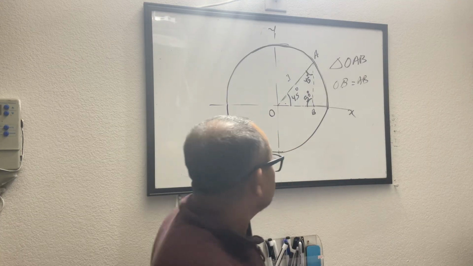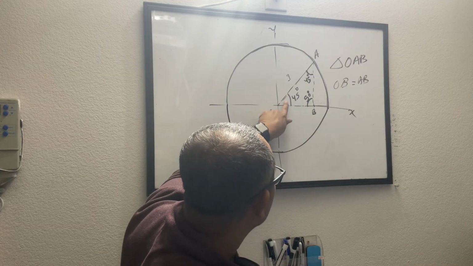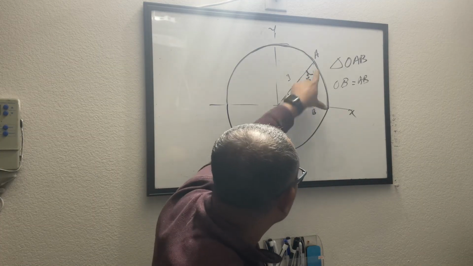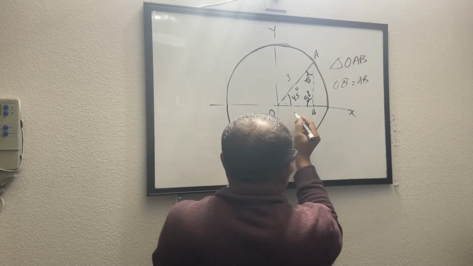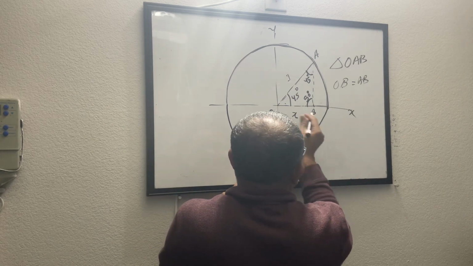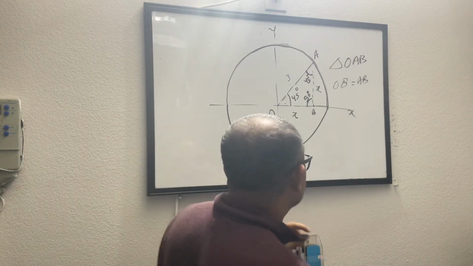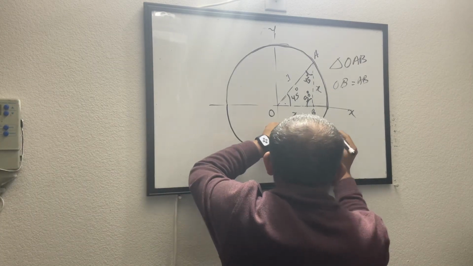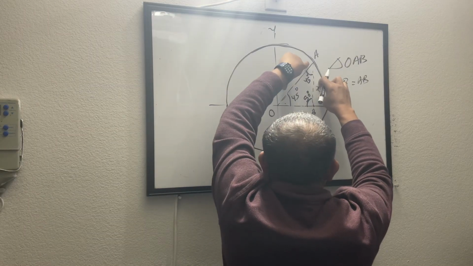Yeah, okay. So now in this triangle OAB, this angle is 45, this angle is 45, this side and this side will be the same. Now I don't know the length of this side. Let's say this is x. So if this is x, this will also be x. Let's find out the value of x. The Pythagorean theorem says a square plus b square equals hypotenuse square.